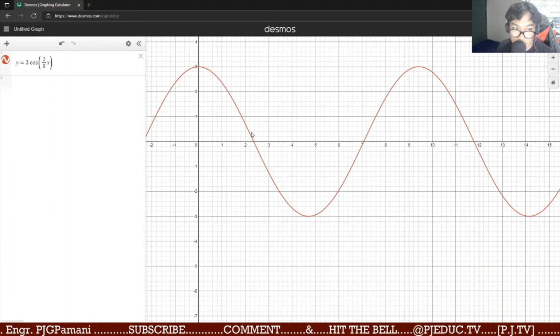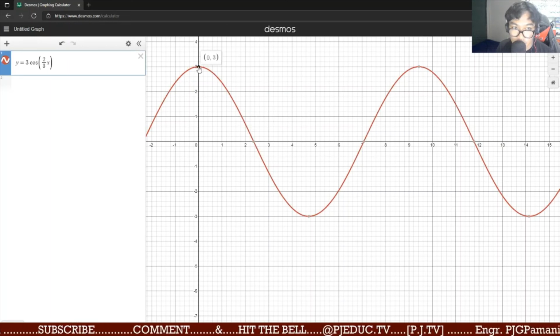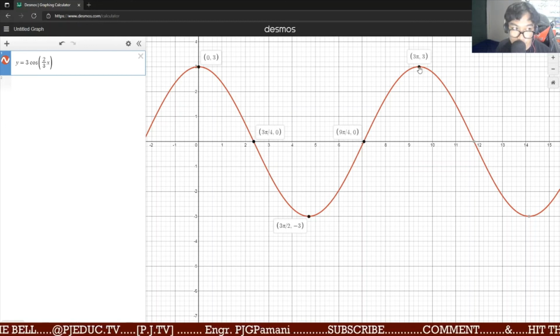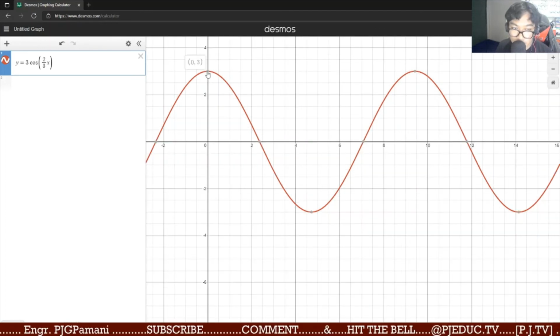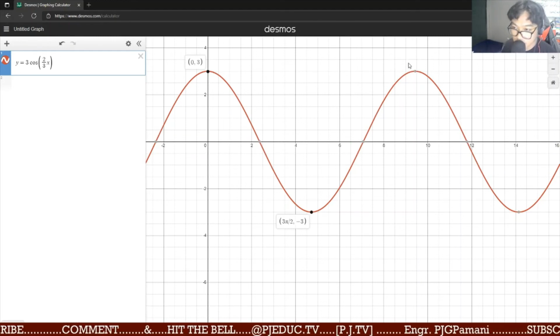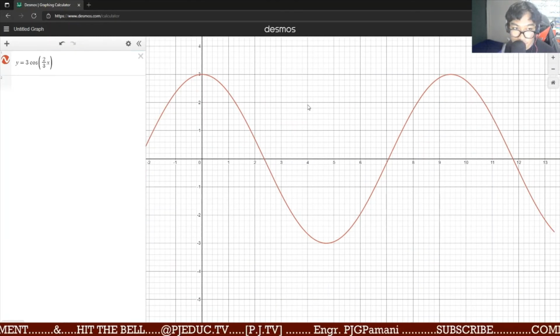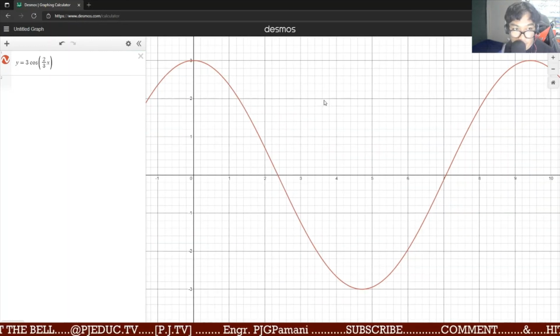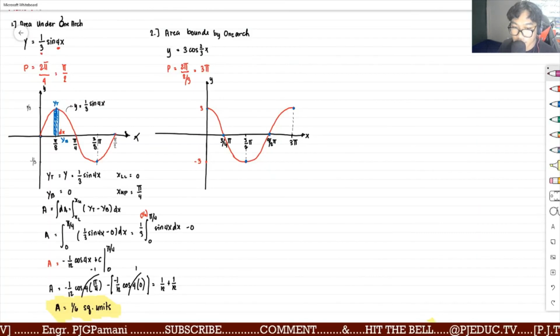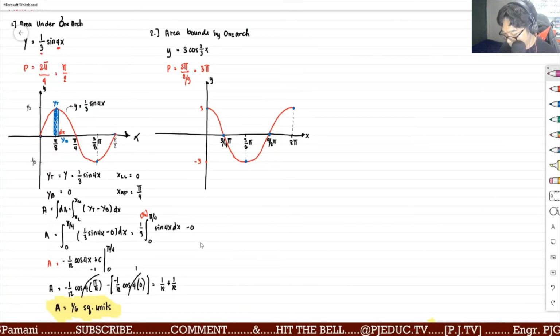Tadan! +3, 3/4 pi, 3/2 pi, and 9/4 pala yun. 9/4 and then 3 pi. So maximum +3, minimum is -3, then to there. So complete oscillation from 0 to 3 pi. A complete period. Okay? So yan na yung ating problem number. This was supposed to be 9/4 pi.